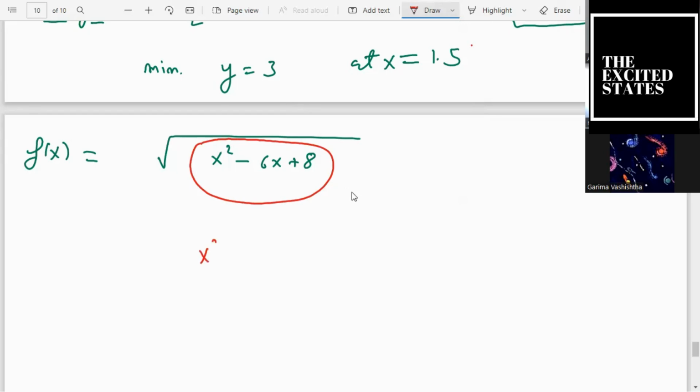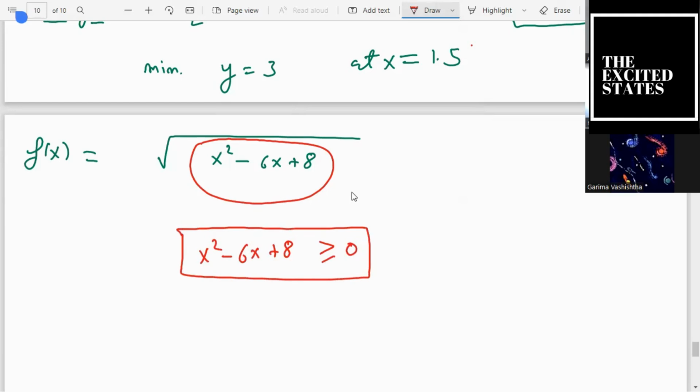That means x square minus 6x plus 8 will be greater than or equal to 0. If you solve this solution set, you will get the domain, because in the square root there can never be negative numbers. So in this way we will calculate the domain.